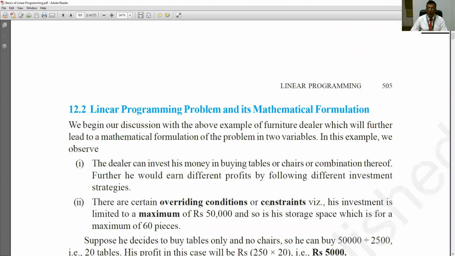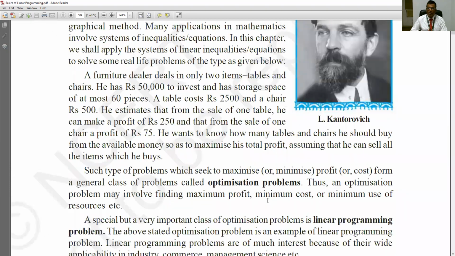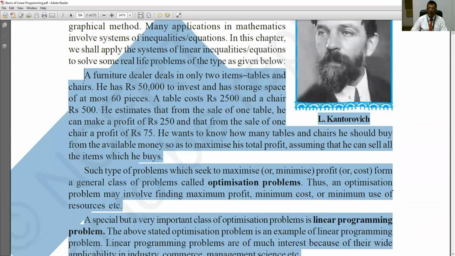For that, you again see the numerical problem here. You note down this problem, start writing from here.